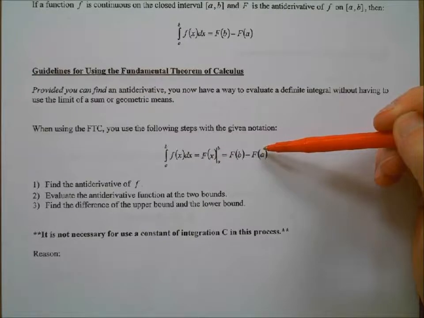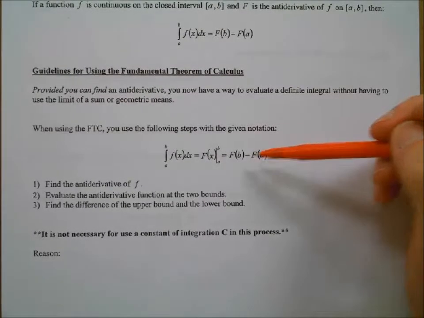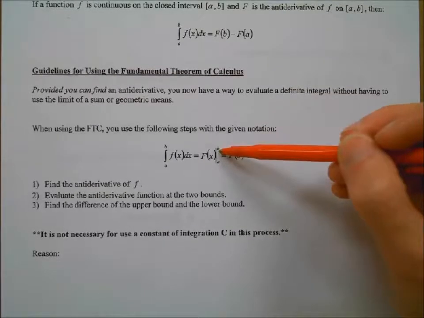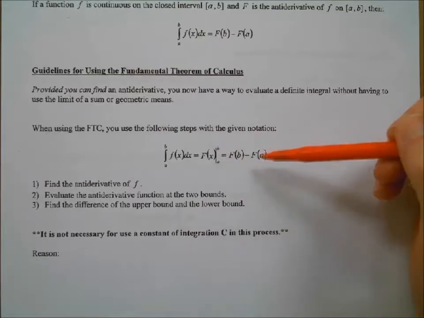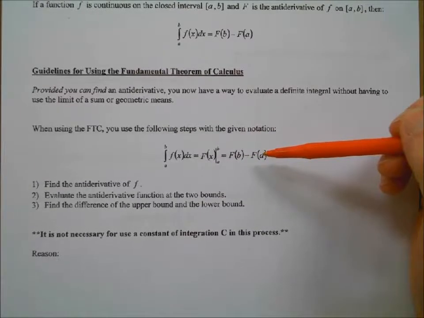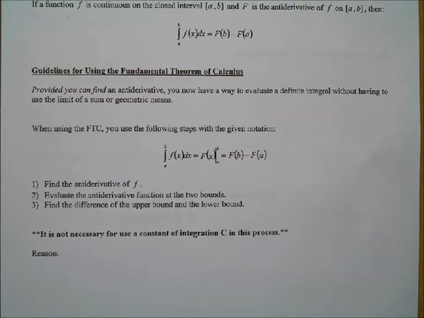Depending on if it's a free response question or multiple choice, if it's free response, you can stop at this point. Once you've plugged in b into your antiderivative and written minus a evaluated in your antiderivative, you can stop, because you don't need to evaluate arithmetic. If it's multiple choice, obviously you'll have to simplify and stuff like that. So those are our three ideas here.